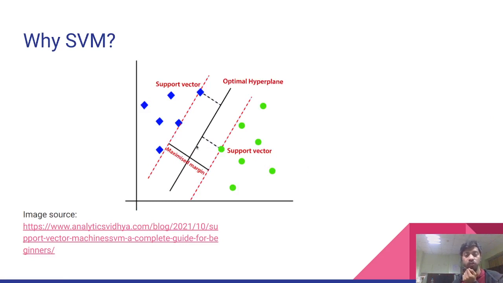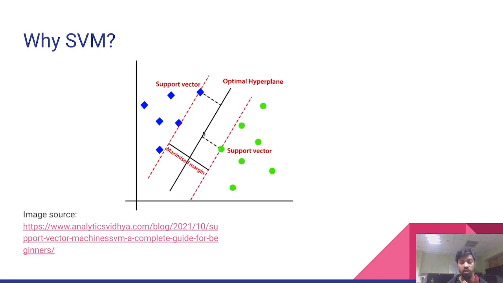So I'll quickly go through the basic intuition. Here, suppose this is one class and this is another class. What we are trying to do is find a plane, or in this case, because this is 2D, just a line. Basically we want this line to be away from both this class as well as this class, so it should be at the midpoint of both the classes.